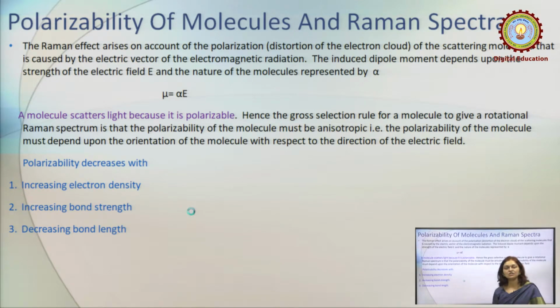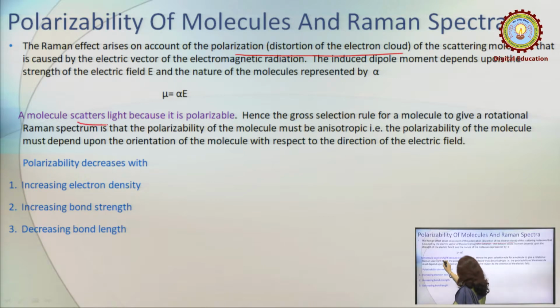Likewise, the condition for Raman spectra is that the molecule should possess polarizability. The meaning of polarization is distortion of the electron cloud. Polarizability is the distortion of the electron cloud. Due to this electron cloud distortion, there is development of a dipole moment in the molecule.